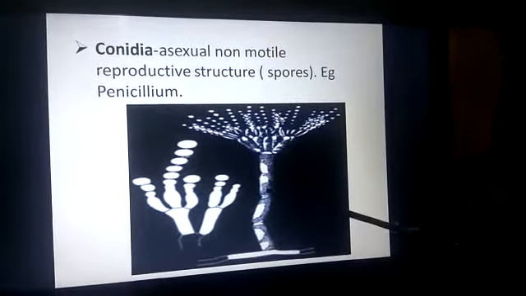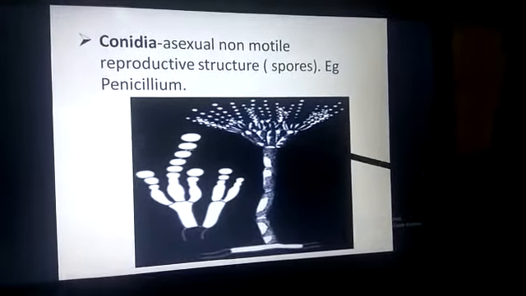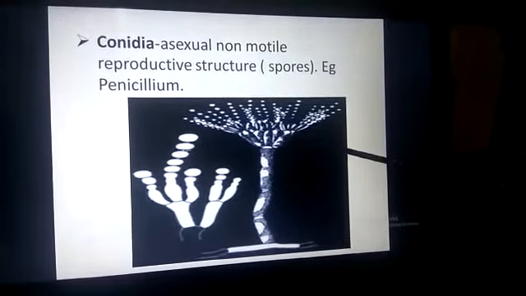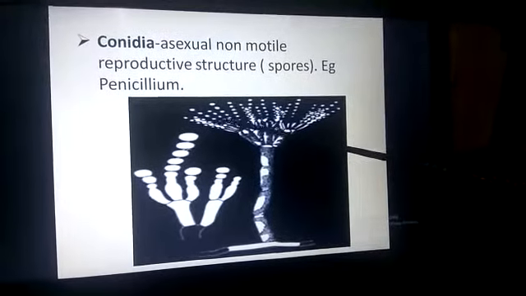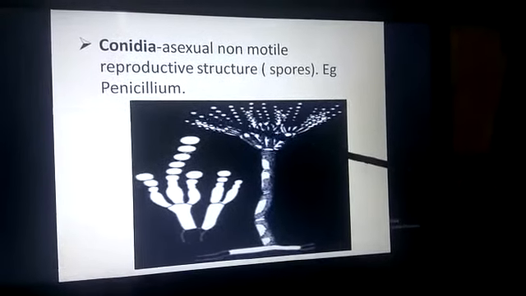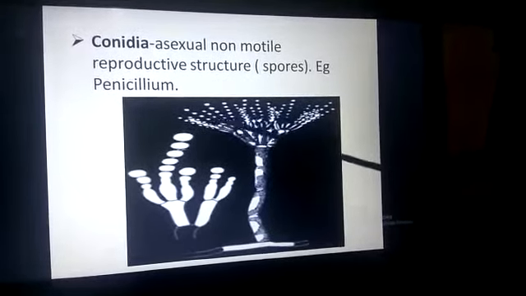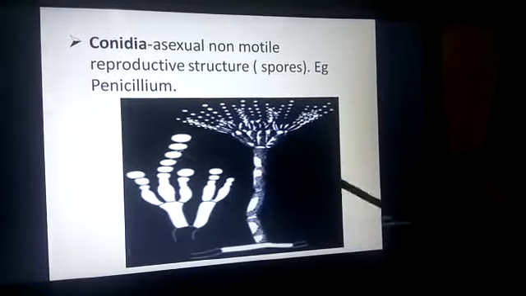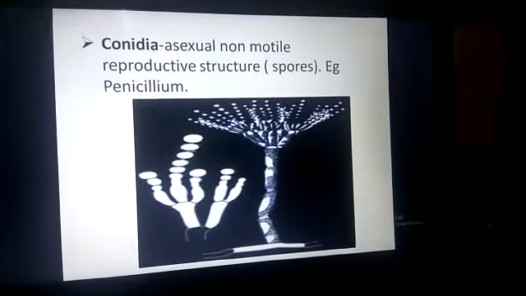These structures are called hyphae, and on the hypha there is a structure called conidiophore. On the conidiophore, numerous conidia are produced. Okay. On release, these spores will grow into individual organisms.